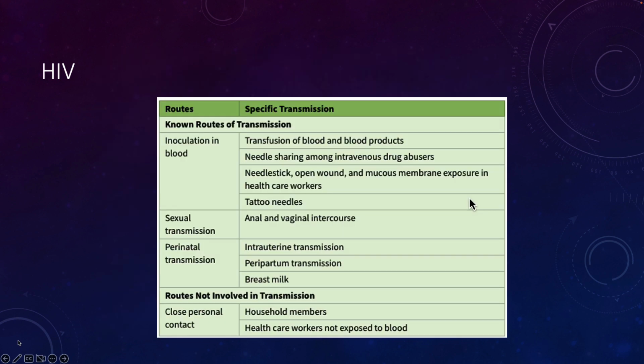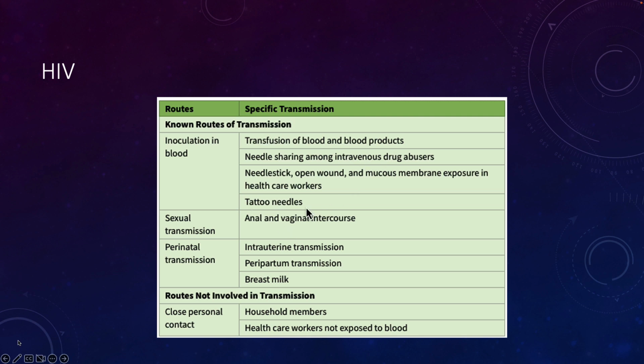I think we all probably know the routes of transmission. Again, inoculation into the blood, and we typically see that in patients who are sharing needles, so intravenous drug users who share needles. It could theoretically be also healthcare workers could be exposed. We tend to not see it through transfusion of blood and blood products anymore because of the huge amount of screening.